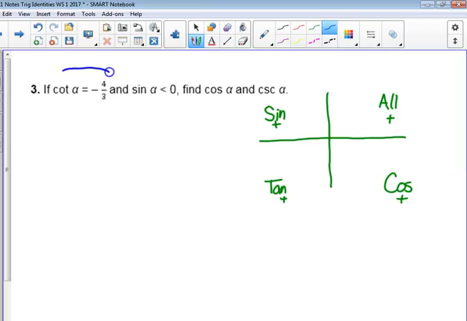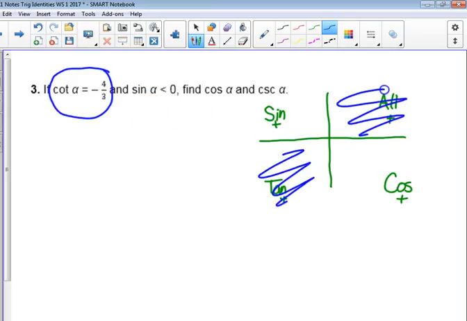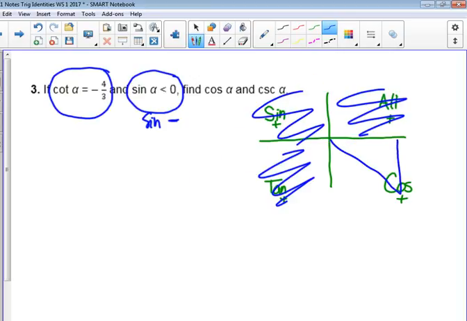So what does this say right here? Cotangent is negative. Okay, so cotangent can't be negative there or there, right? So I'm down to these two. What does this say? Less than 0 means the sign is negative, so we must be in quadrant 4, okay?